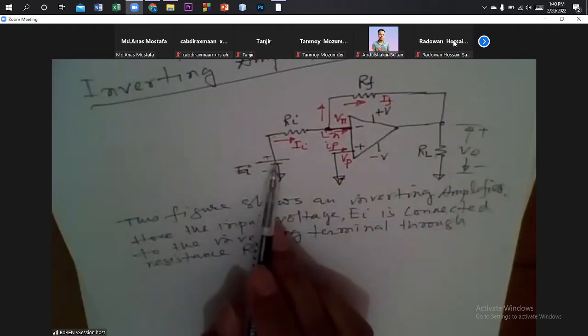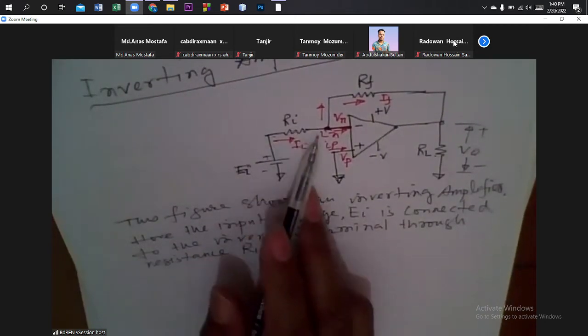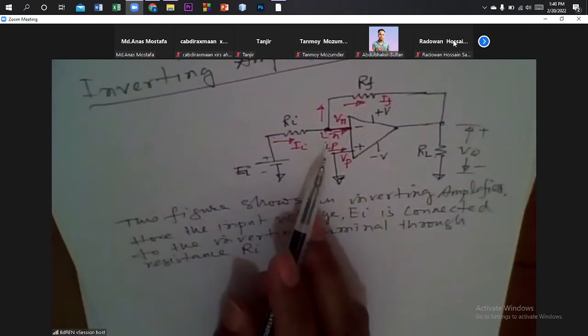As you see, EI is connected to the inverting terminal through resistance Ri. You see in the figure, okay?